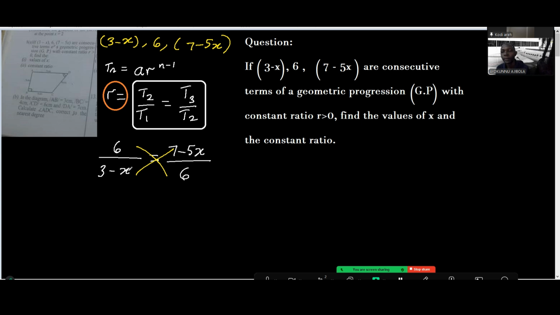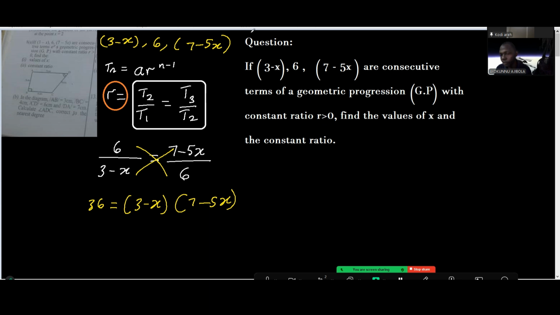Yes, sir. I'm going to say 6 times 6 gives me 36. So 36 equals 3 minus x times 7 minus 5x. So I'm going to say in the bracket 3 minus x times another bracket 7 minus 5x.